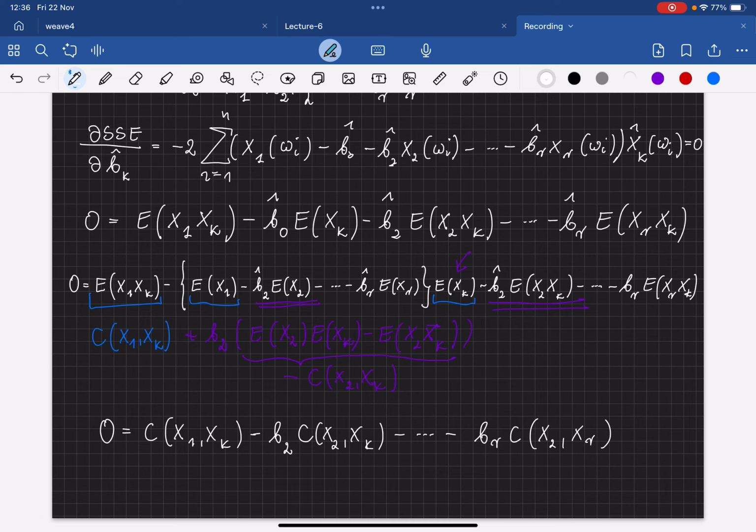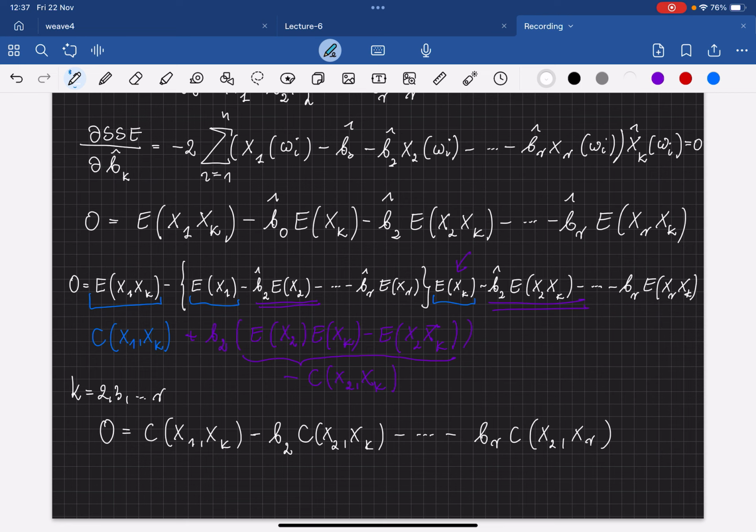Such an equation I get for k equal 2, 3 up to r, which means, as a matter of fact, I have r minus 1 equations.